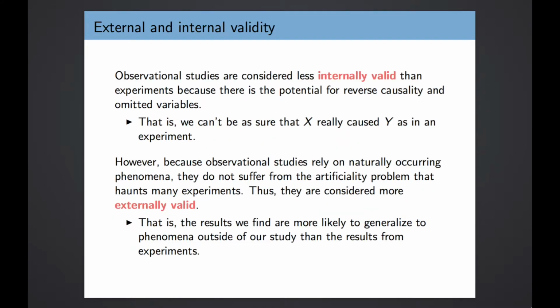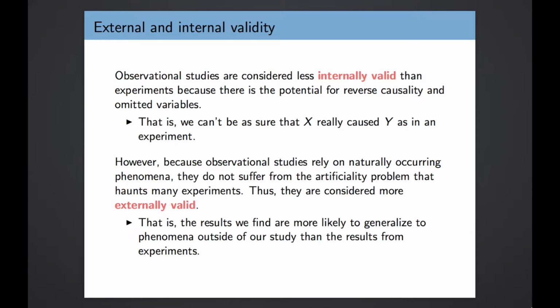Our final note on this subject is going back to the questions of external and internal validity and how those types of validity are related to the types of research design that we have. Recall that experimental studies are considered very internally valid because the experimental random assignment process allows us to eliminate our worry about confounding variables influencing the relationship that we observe between x and y. We can be very confident in the causal relationship that we find between x and y in an experimental study.